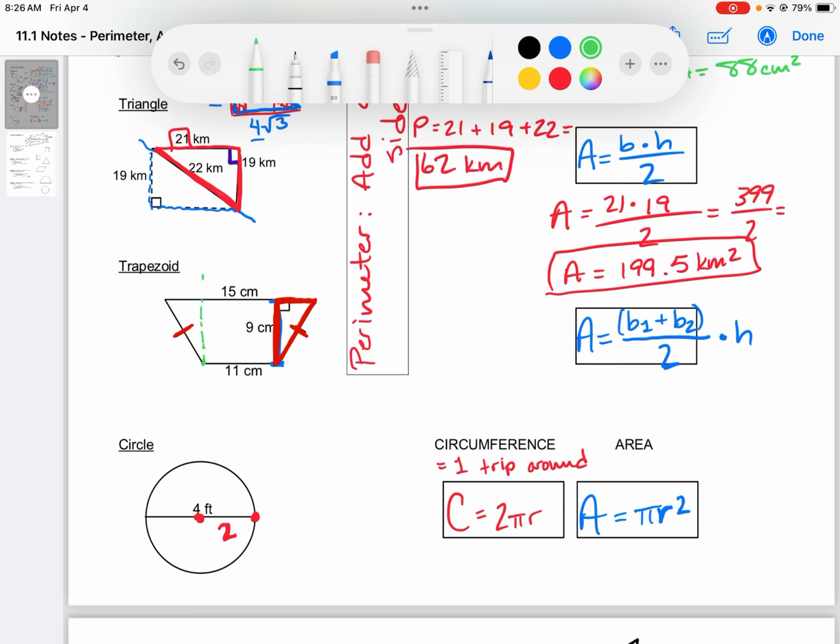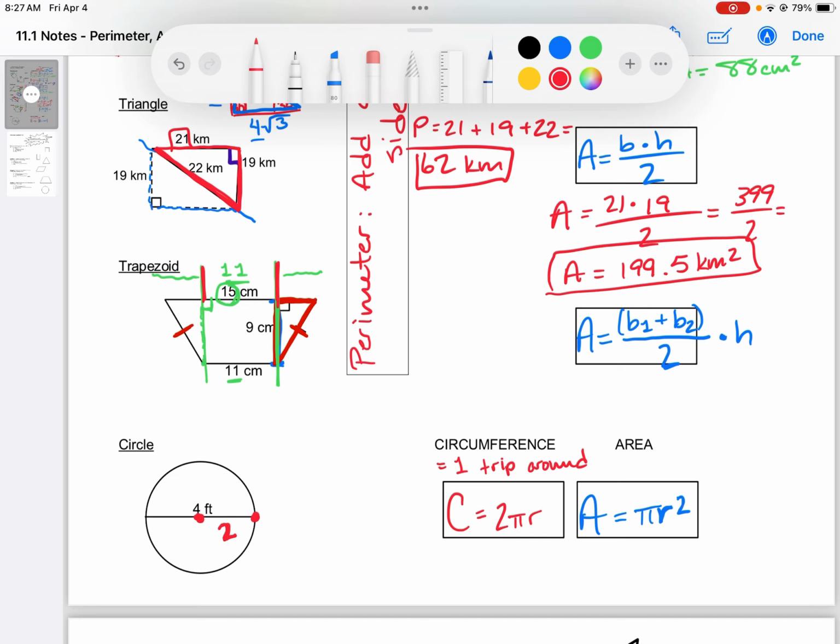If I, from this corner, drew a line straight down, perpendicular, and I drew a line over here straight down, you would see that these 11s, 11, 11, they match. But this total side is 15, which means it's got a little bit left over here and a little bit left over here.